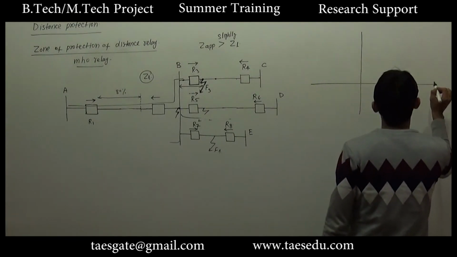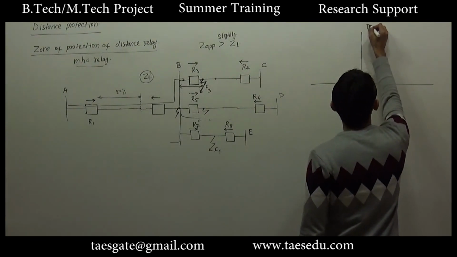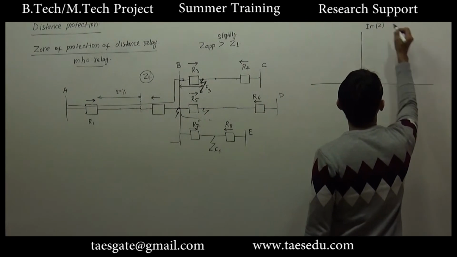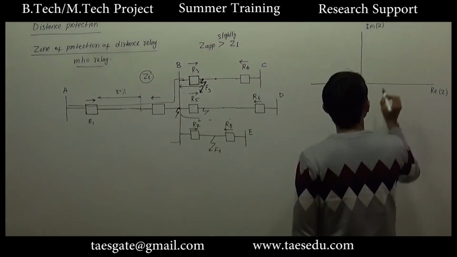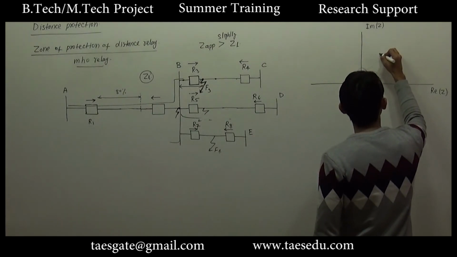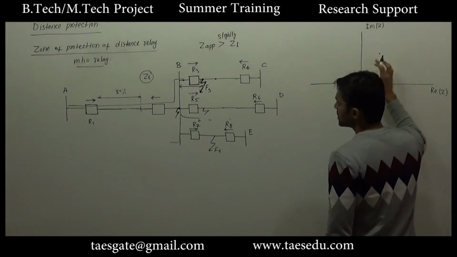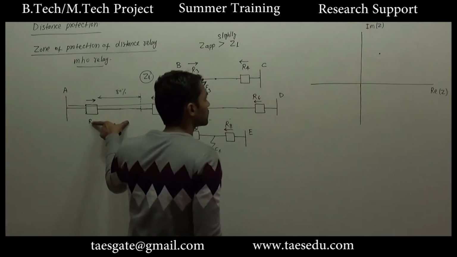If we draw the impedance diagram of relay, where we will have imaginary part of Z, real part of Z. Let's say this point represents impedance of line 1.